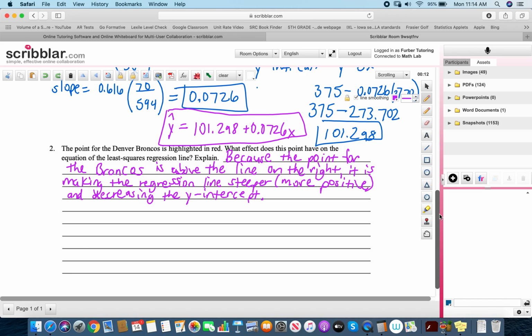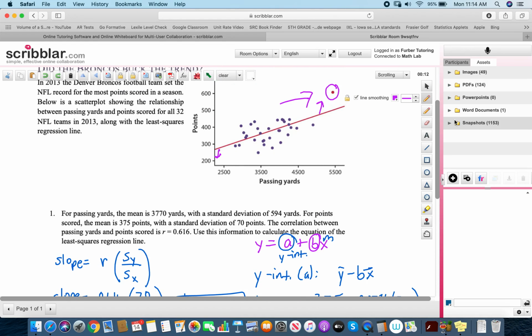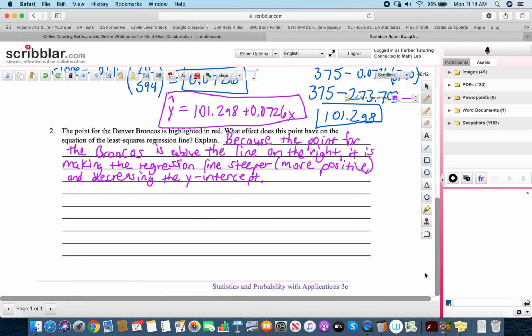Obviously, if the line is more sloped, that's going to mean that the right side goes up and the left side goes down. So that should give you some practice for lesson 2.6.